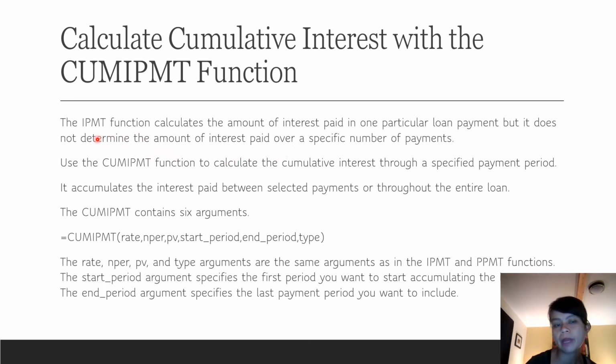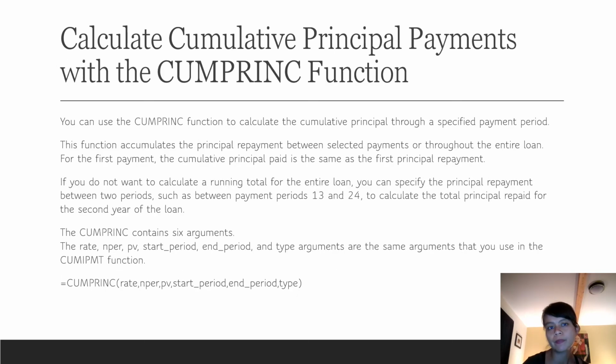So use the CUMIPMT function to calculate the cumulative interest through a specified payment period. It accumulates the interest paid between selected payments throughout the entire loan. It has 6 arguments: rate, NPER, PV, start period, end period, and type. Rate, NPER, PV, and type are the same arguments as in IPMT and PPMT. The start period specifies the first period that you want to start accumulating, and the end period specifies the last payment that you want to include.